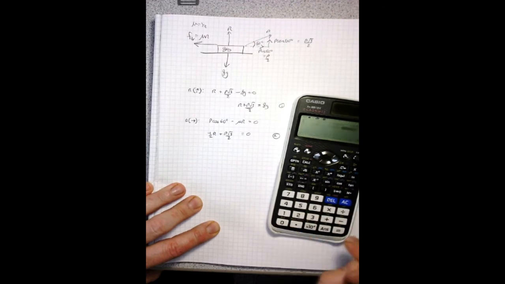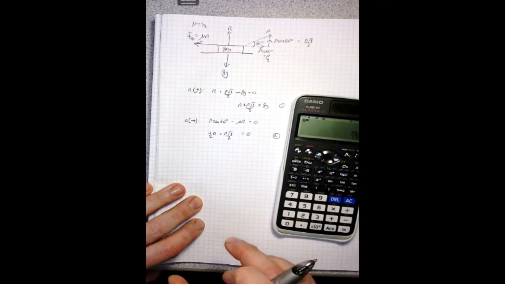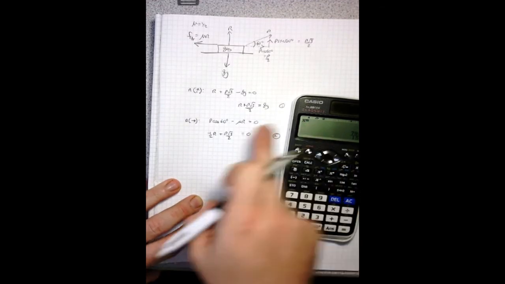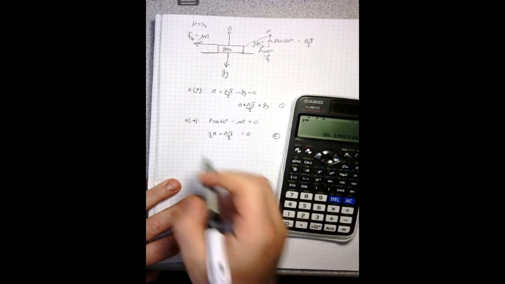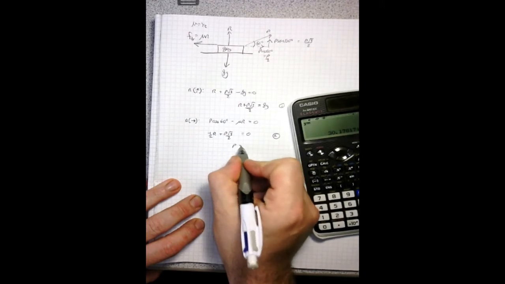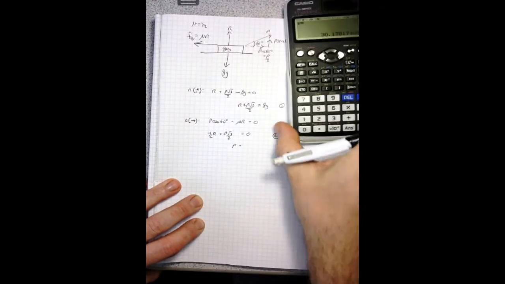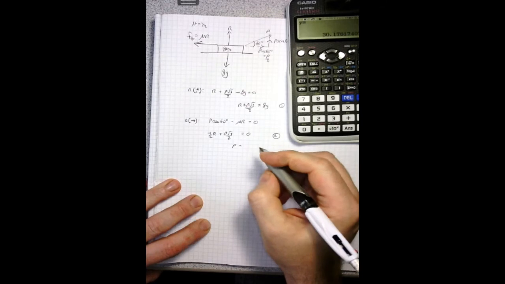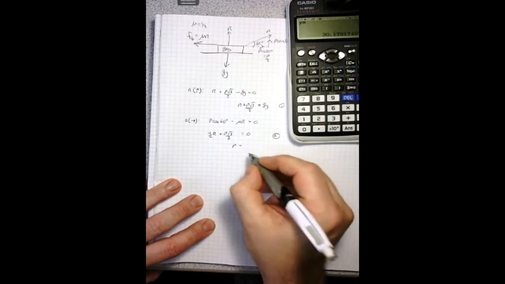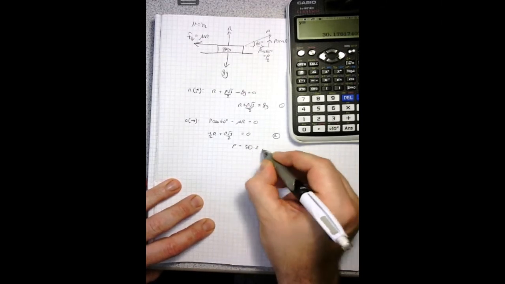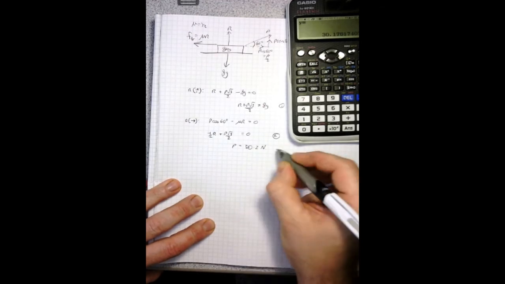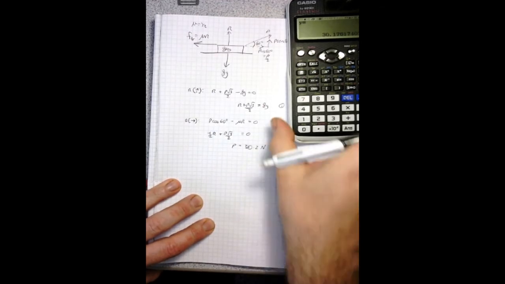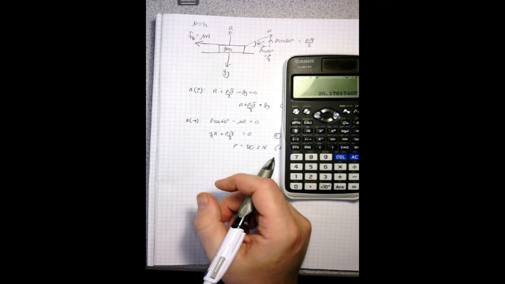What do I want? I want to find P, well that's X, which is R, so P now equals 30.2 newtons. So that's example 5.